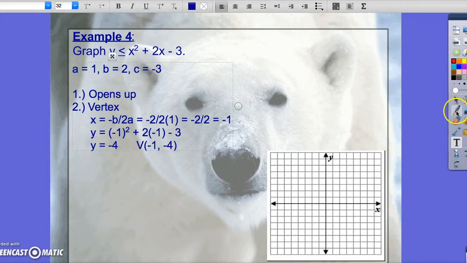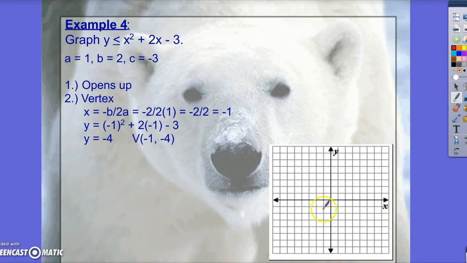So you get -1, -4 is the first point. So -1, 1, 2, 3, 4. Don't forget, you draw your vertical dashed line, your axis of symmetry line through it.